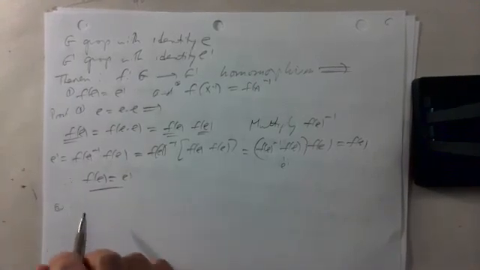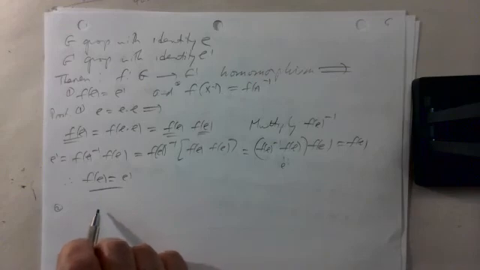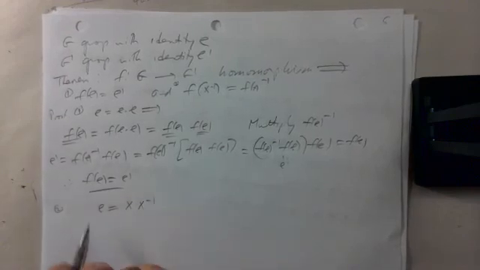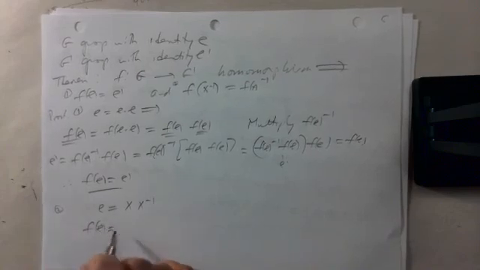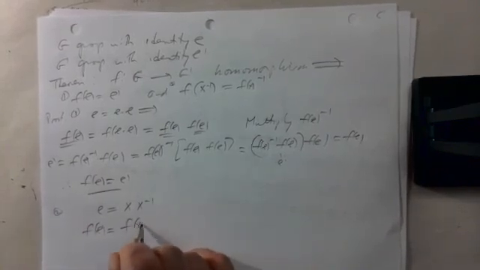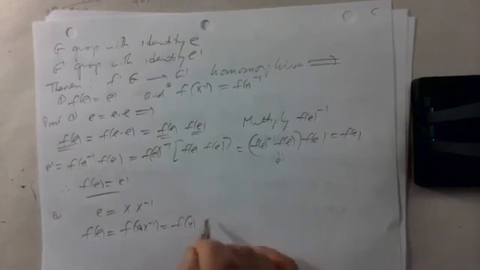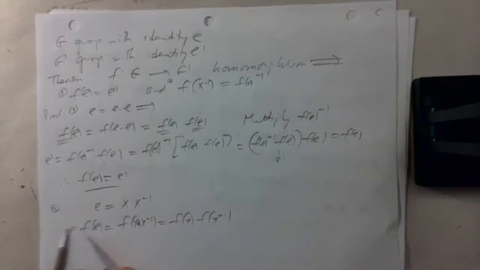And the proof of the second statement is equally nice. For any X, E is equal to X times X inverse. So F of E is F of X times F of X inverse. But of course, F of E is the identity.